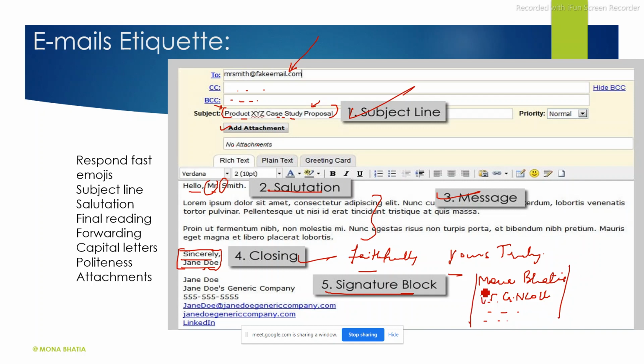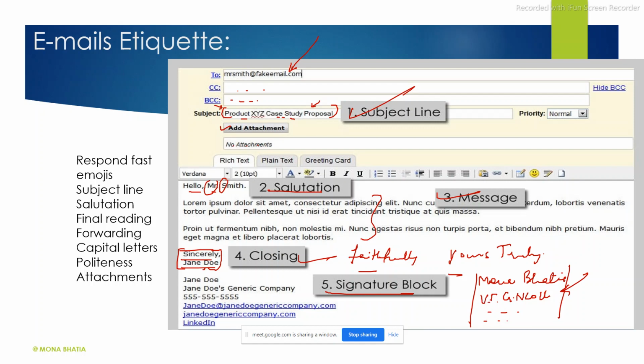Sometimes you don't have to every time, because once you are in an organization, you will be working for some department, so that thing you will be getting as a signature block. So the moment you hit the signature block, everything will come automatically. Okay, you don't have to really write every time, you will get the same thing, unless you want to change it, or you are writing for somebody who is not from the organization, or you are writing a private email from your corporate email.